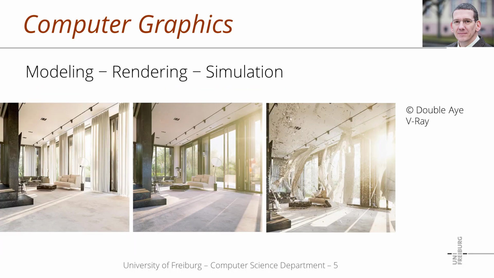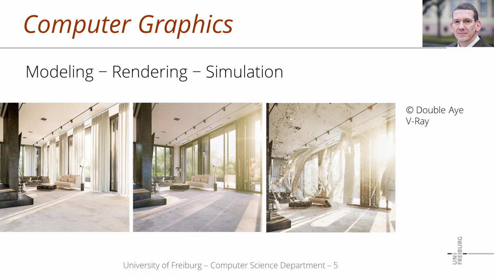Here we have another illustration of the three areas. Modeling is concerned with the accurate and efficient representation of the geometry and the reflection properties of objects in the scene. Rendering is concerned with the computation of the light transport, and simulation is concerned with the dynamics in the scene, for instance elastic curtains or breaking glass. These images are also a nice illustration of an important motivation for using computer graphics concepts.